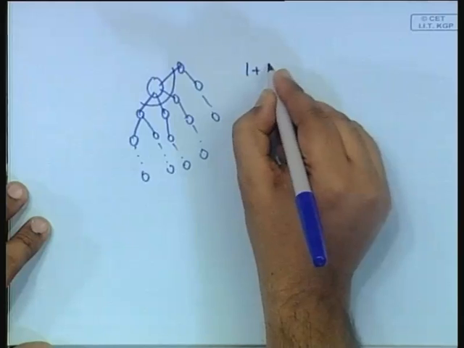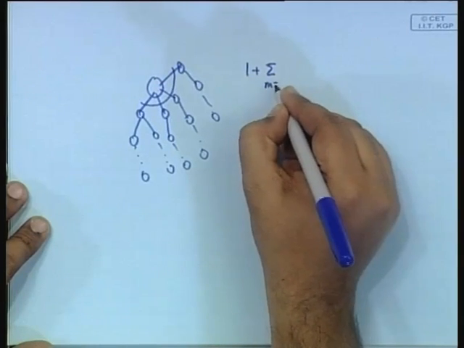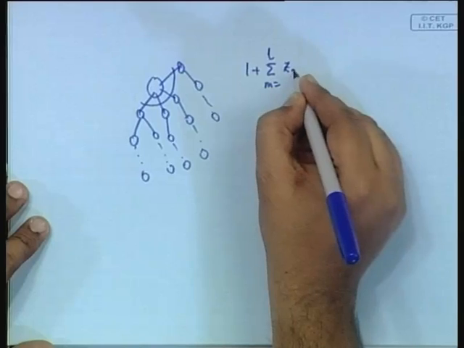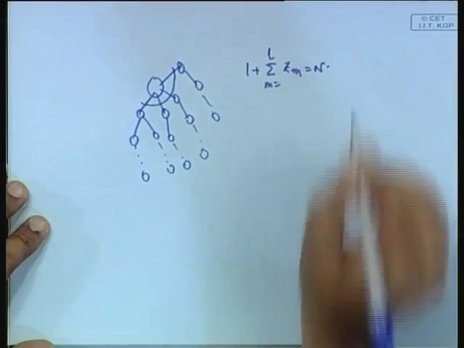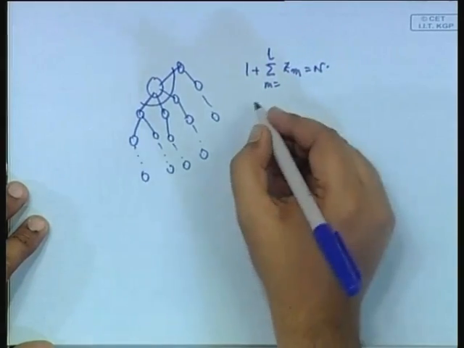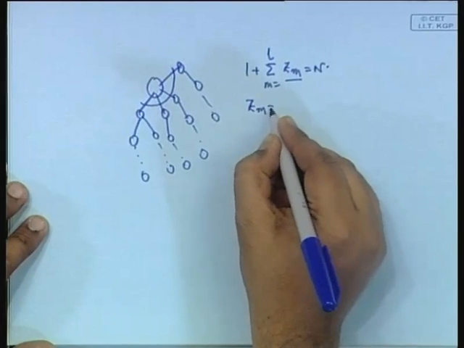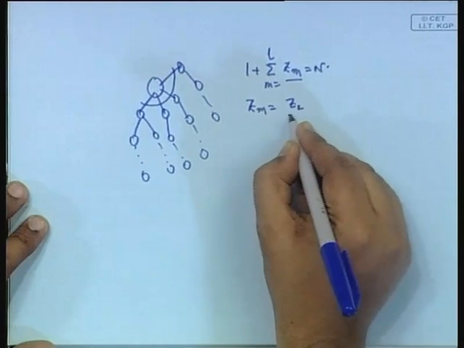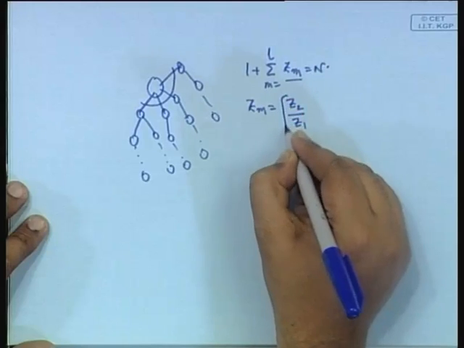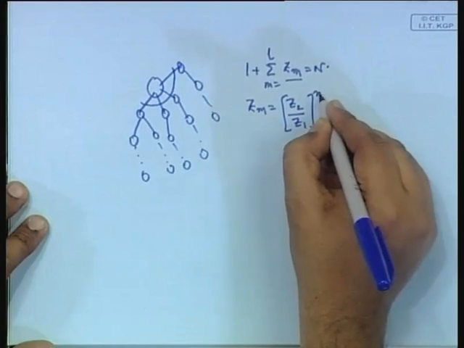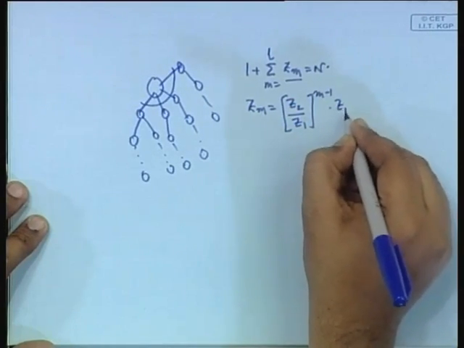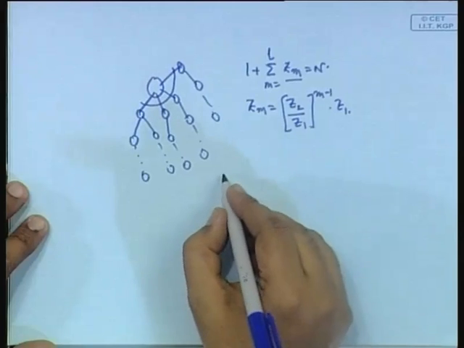Then what happens is, again I write this. What is Zm? What did we find? Zm is Z2 by Z1 to the power m minus 1 times Z1. So, let us put that.